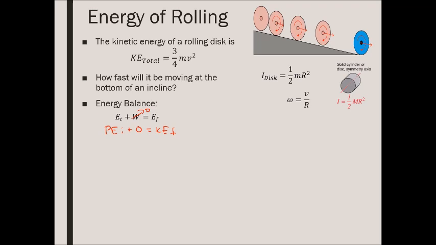Potential energy is equal to mgh at whatever height I start at up here, which is equal to kinetic energy final. And we just said that for a disk, that is 3/4 mv squared. And the m's cancel out just like we've done before. And so v for a disk rolling down the hill is the square root of 4/3 gh. So we can easily predict how fast it's going to go down the hill.